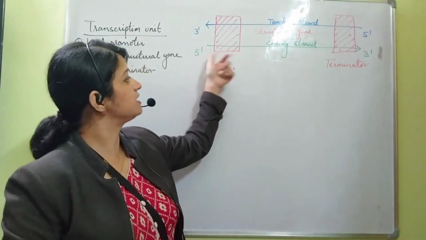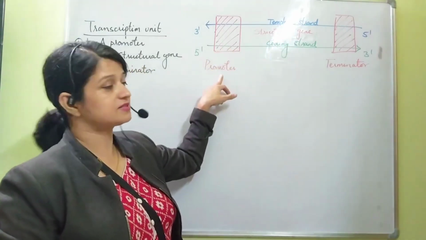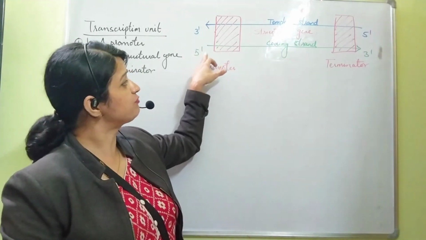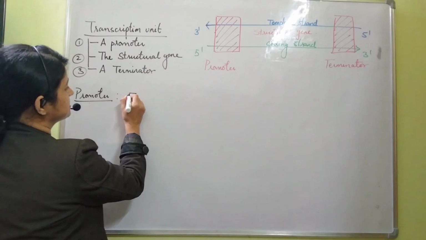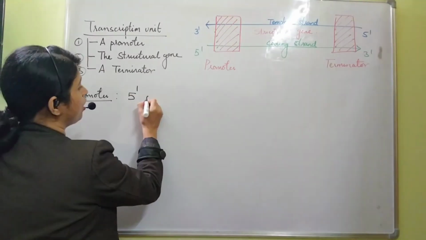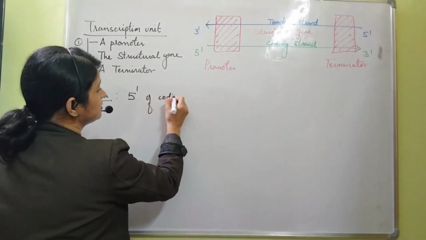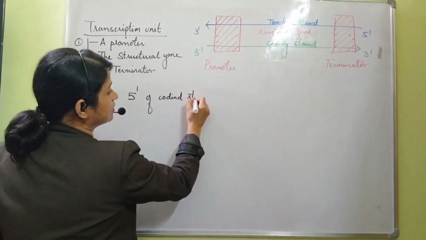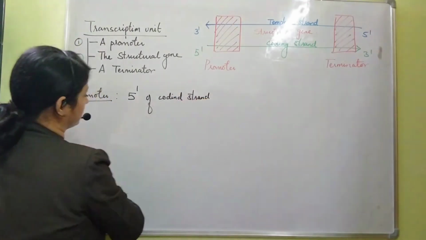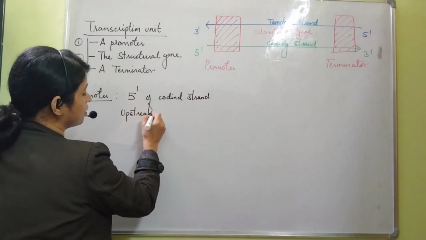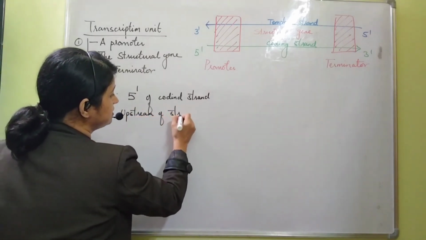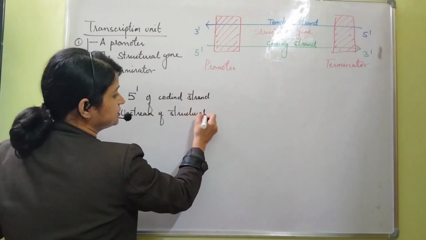So here we can see that the promoter is the region which is present at the 5' end of the coding strand, or we can also call it upstream of the structural gene.